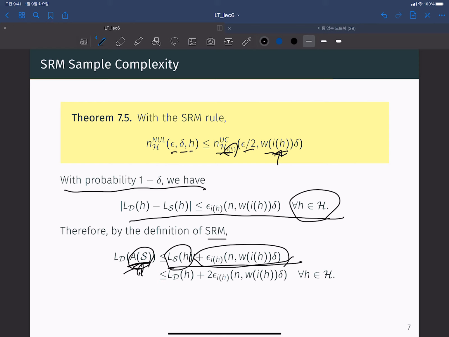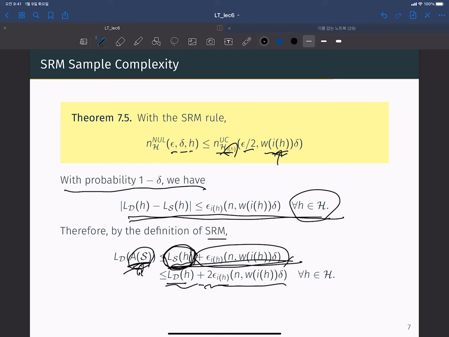Also, from this concentration inequality, we have an upper bound of the training error. The training error is upper bounded by the test error plus epsilon_{i(h)}, which means this value is upper bounded by the test error plus 2 times epsilon.